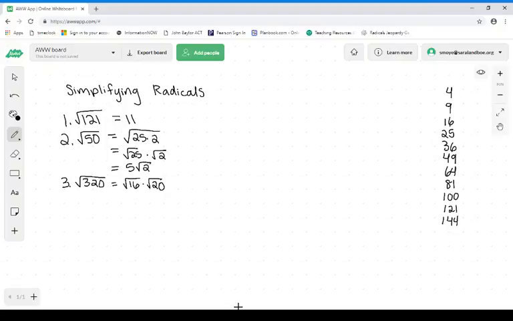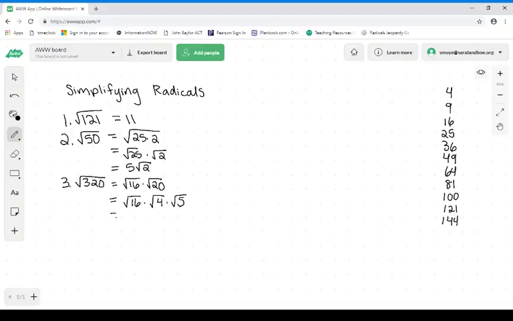Is there a perfect square that goes into 20? And there is, 4. So we can split this 20 up again. We have the square root of 16 times the square root of 4 and the square root of 5.